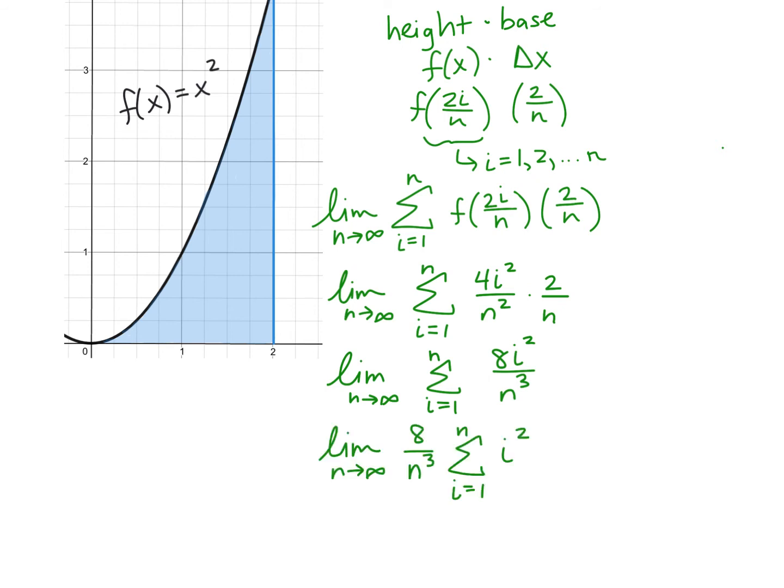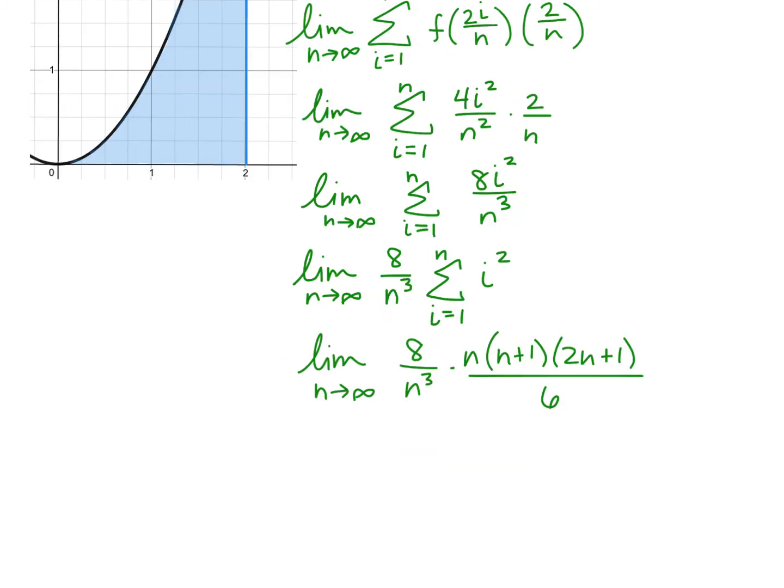Okay, here we have it. Now, we can rewrite this because we know what this summation formula is. The summation from 1 to n of i squared is n times n plus 1 times 2n plus 1 all over 6. So we've been able to get rid of this sum because we wrote what it actually equaled according to its formula. Now, we're still not going to worry about this limit just yet.